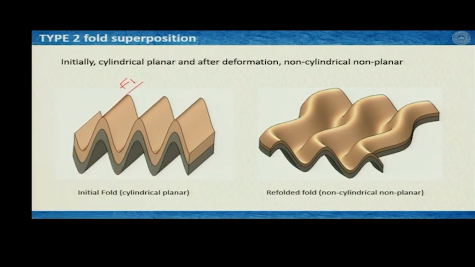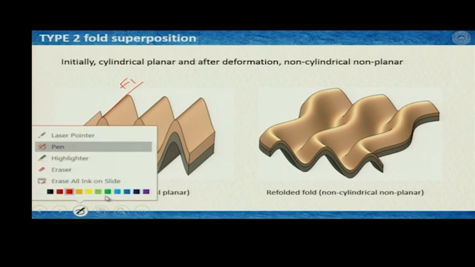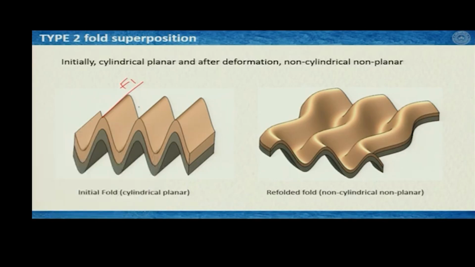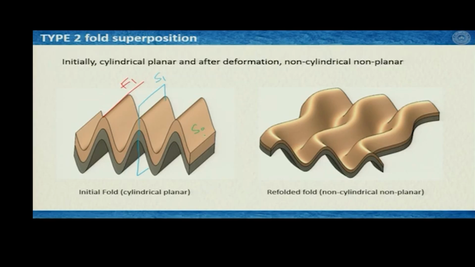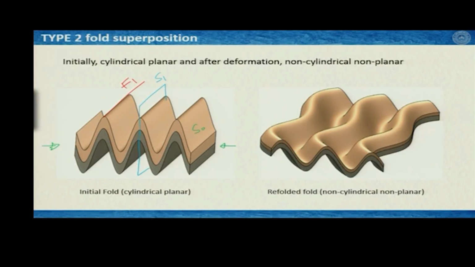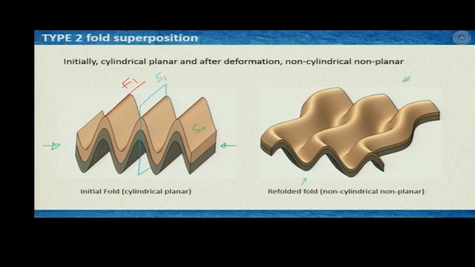This is your F1 and this is your S1, where this is S0 as the form surface, and that happened in D1. In this case, I just draw it with the same color. The stress came from the layer parallel shortening happened in this direction. Now if you deform it from this side, after that you may have a shape like this.